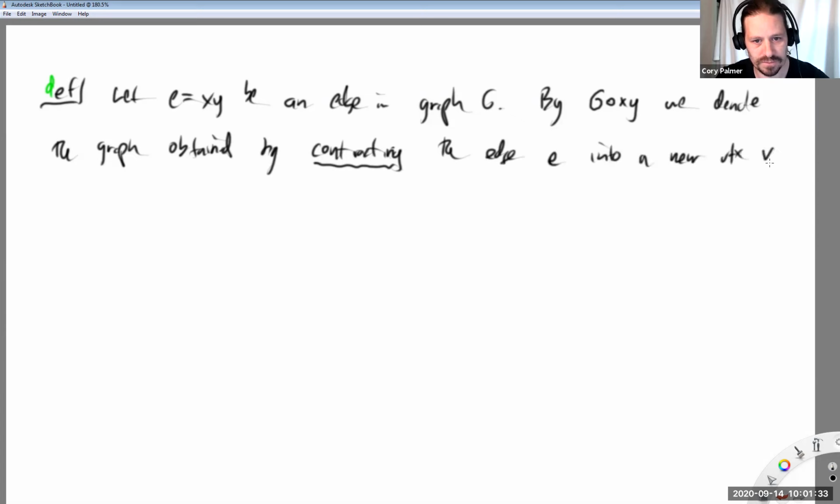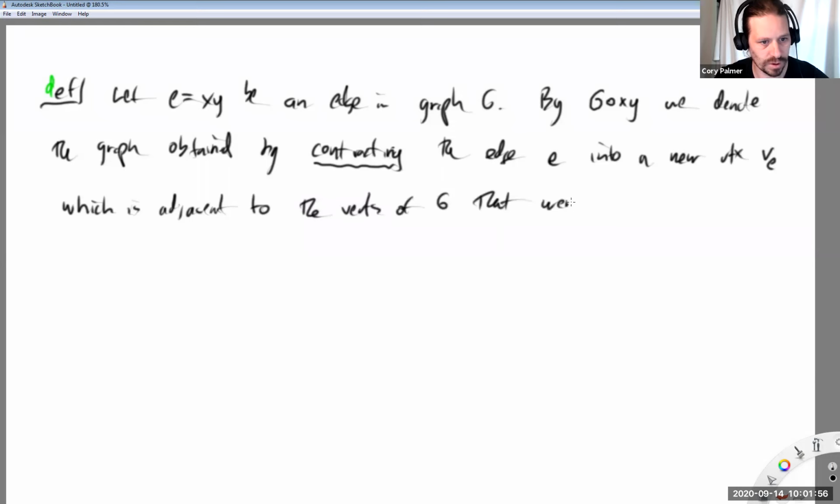Usually we call that vertex v sub e, which is adjacent to the vertices of G that were adjacent to x or y, or both. Usually, although not always, when we contract an edge, it can create multi-edges.